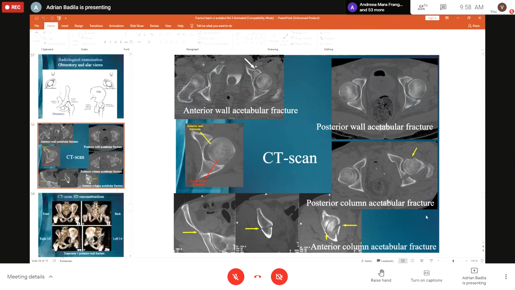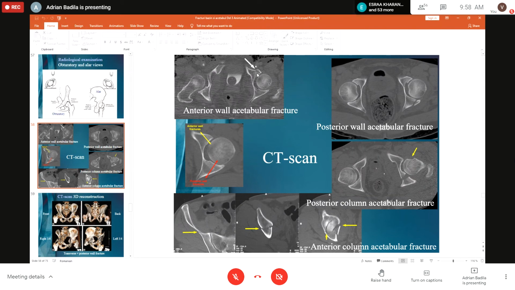We can use the CT scan in order to detect all the fracture lines, the dimensions of the fragments, their displacement, and so on. And here we have a horizontal slice in a CT scan of the pelvis, and we can see here a fracture of the anterior wall of the acetabulum.